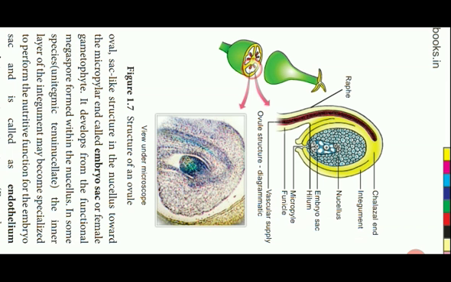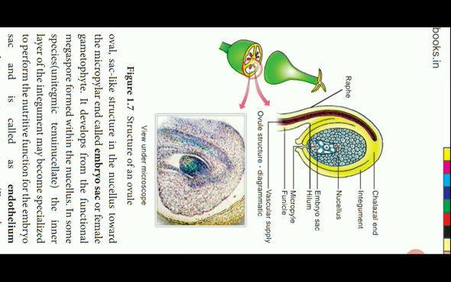In the micropylar end, inside the nucellus, we can see the sac-like structure that is called the embryo sac. The center you can see here is the embryo sac. Embryo sac is nothing but the female gametophyte. They may ask in a one-mark question which is the embryo sac: it is called the female gametophyte.